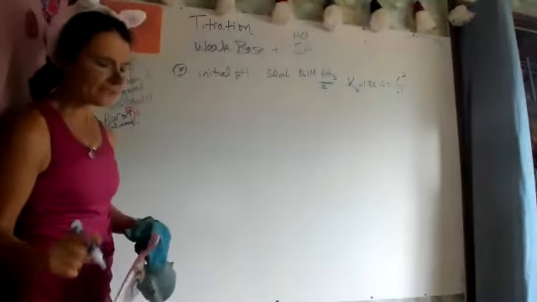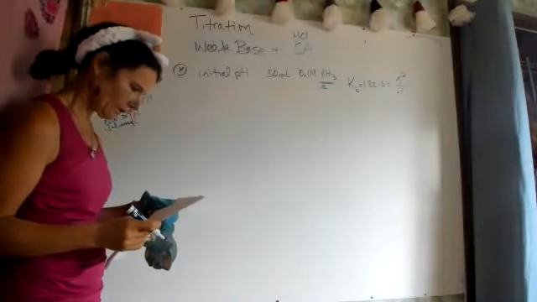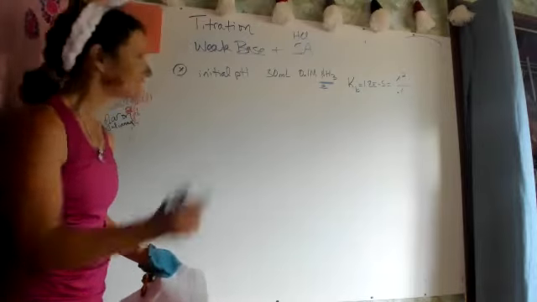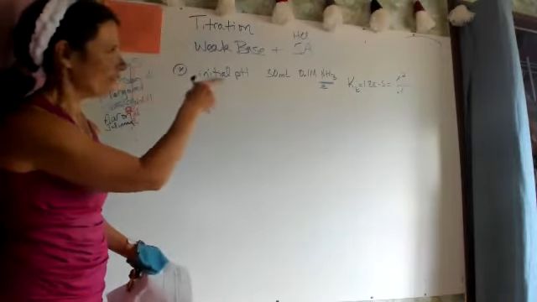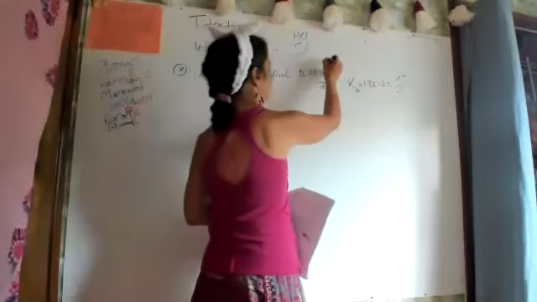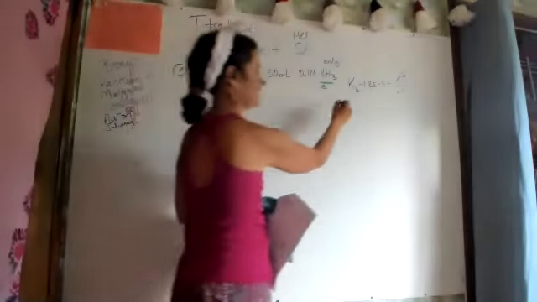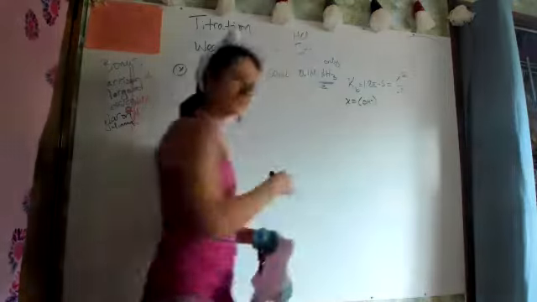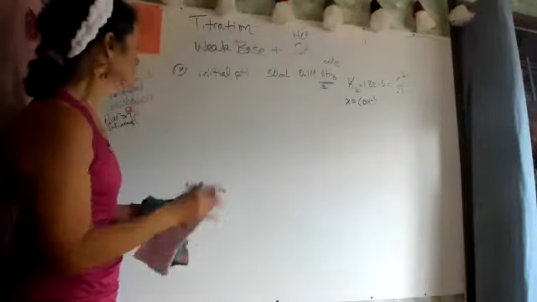Well, I told you, there's only one thing present. There's only NH3. So it's an x squared. Just be careful, it's Kb. X is going to be your hydroxide. You guys know how to solve these. We're going to move on.